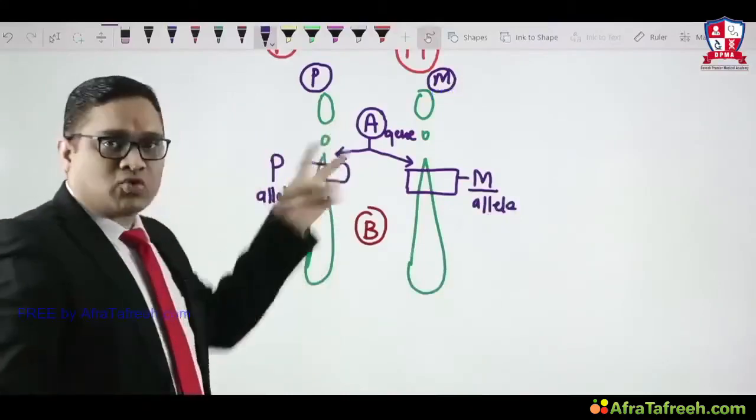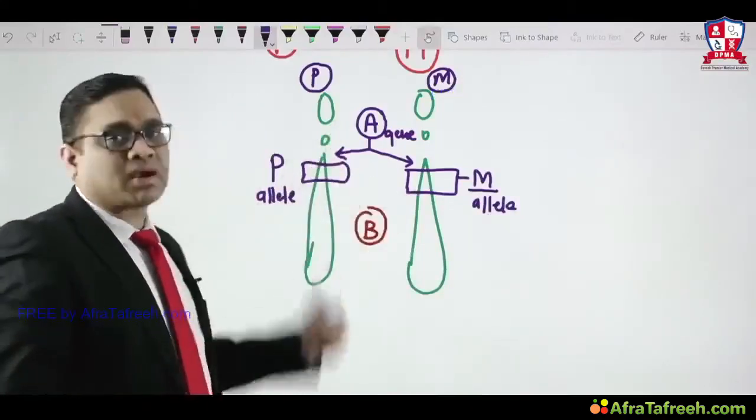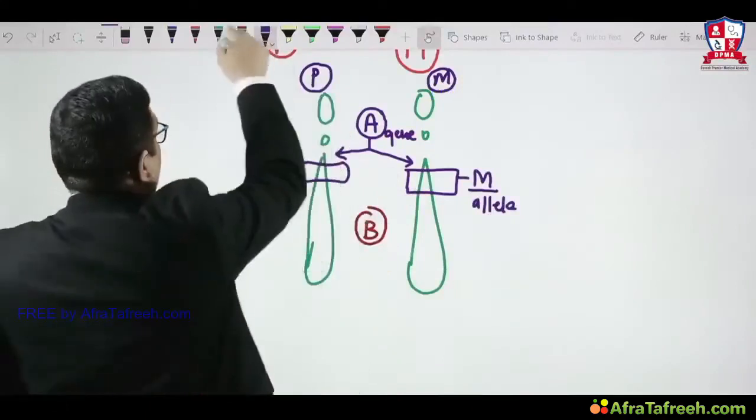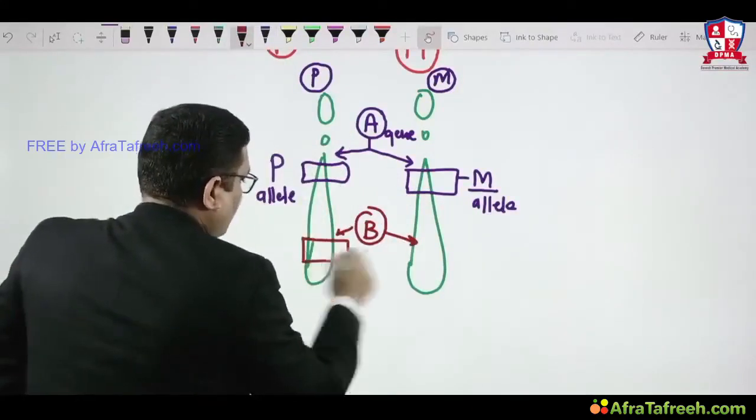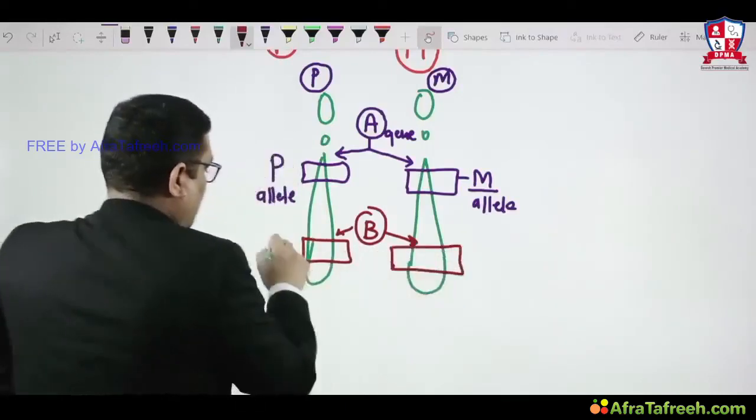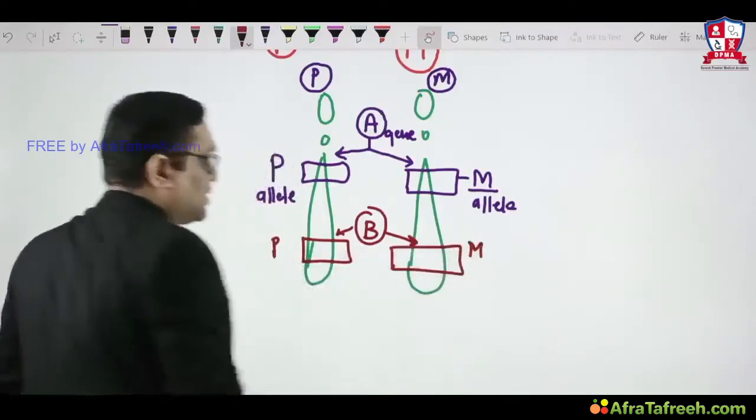So every gene has two alleles, one from the paternal side and one from the maternal side. Similarly, the second gene also has a paternal allele and a maternal allele, right?